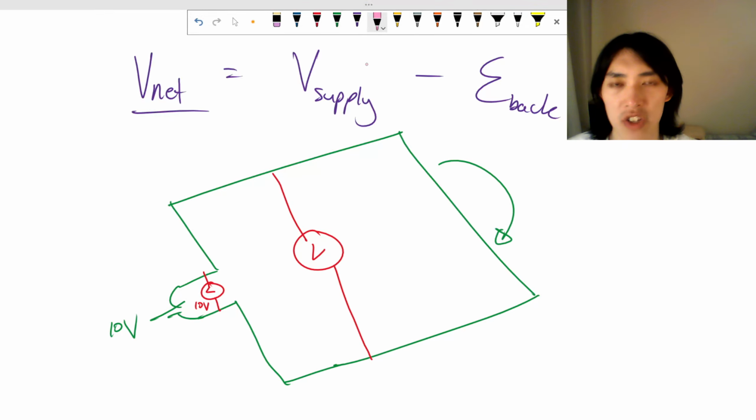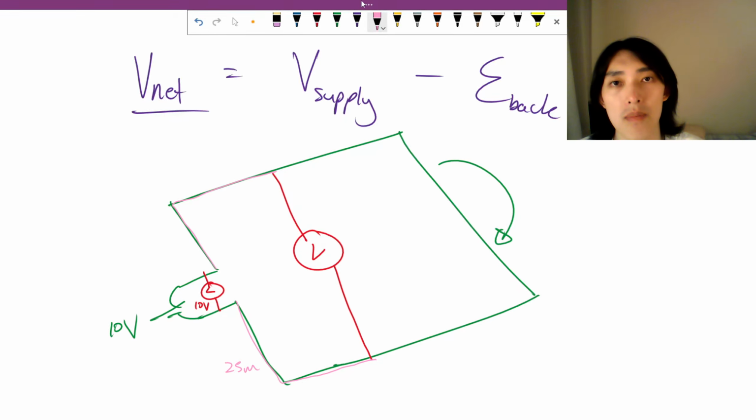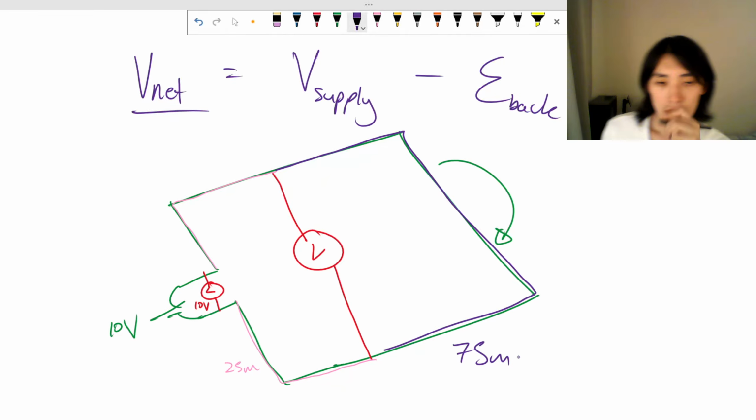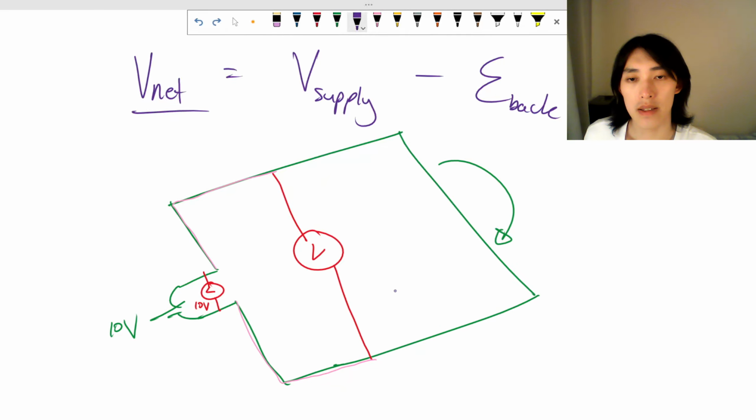This might seem like a strange detail, but it's going to be pertinent later. Let's say that this pink distance and this distance combined is 25 meters, and this purple distance is 75 meters. That would mean that the reading on this voltmeter would be 7.5 volts.